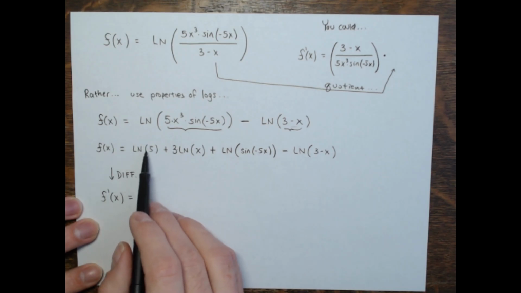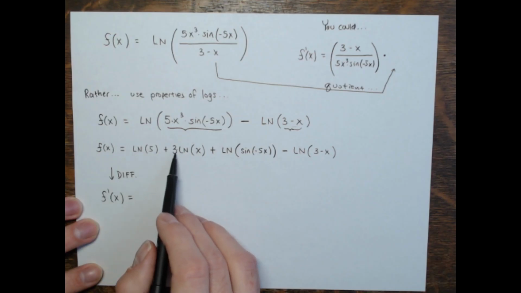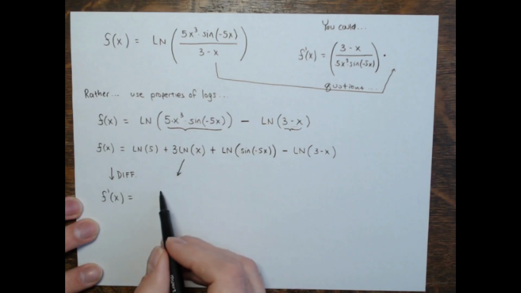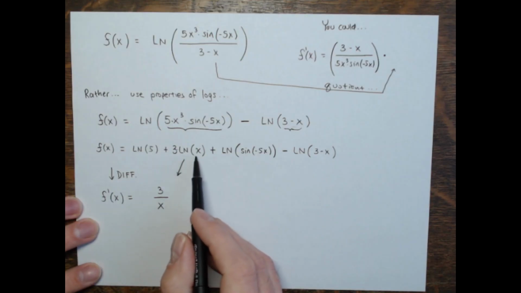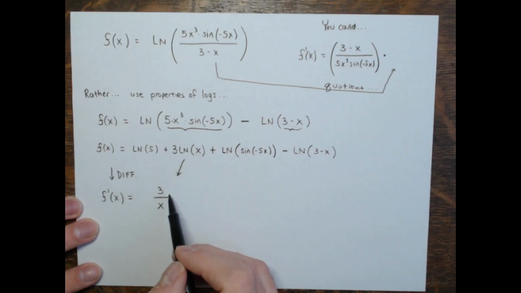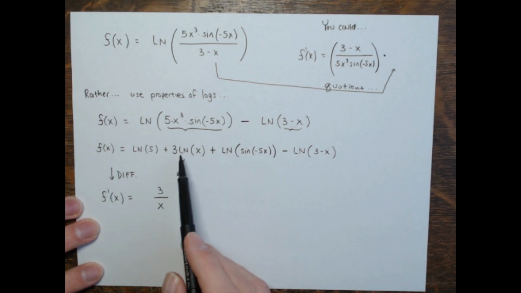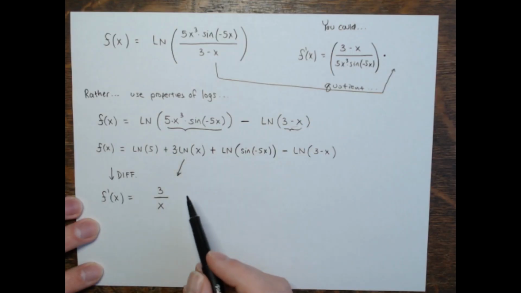So the derivative of that is 0 plus, and then 3 times 1 over x. So from this term, I'm getting 3 over x. And that is just plain old natural log of x, right? So if you wanted to use the chain rule, then you would multiply by the derivative of x, which is just 1. And you don't need to write that, right? Times 1. So this is 3 over x.